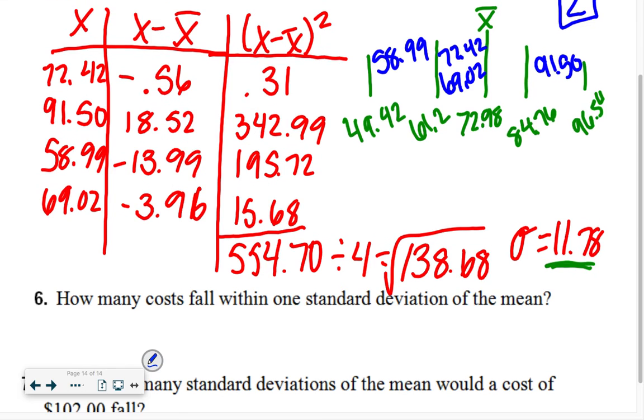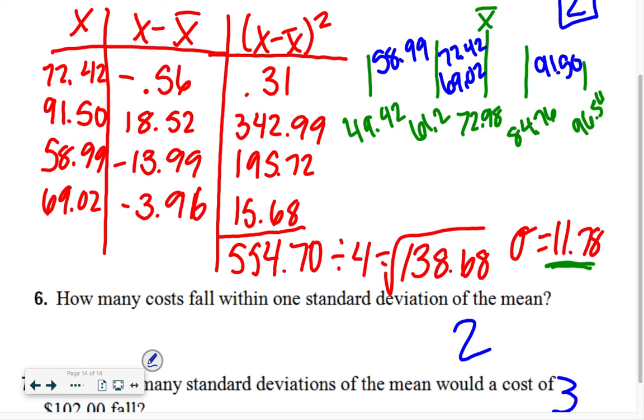How many costs fall within 1 standard deviation? 2. And within how many standard deviations of the mean would a cost of 102 fall? Within 3. If I took 96.5 and added another 11, I would get more than 102.